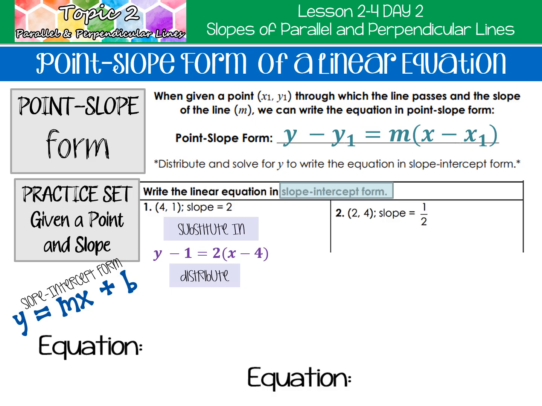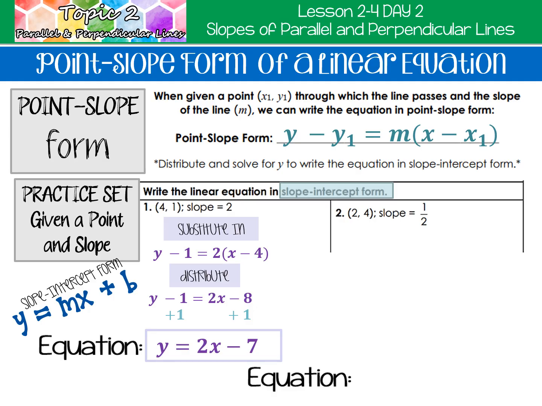We're going to need to distribute that 2 to each term in the parentheses. We get y minus 1 equals 2x minus 8. Get y alone, add 1 to both sides. y equals 2x minus 7.